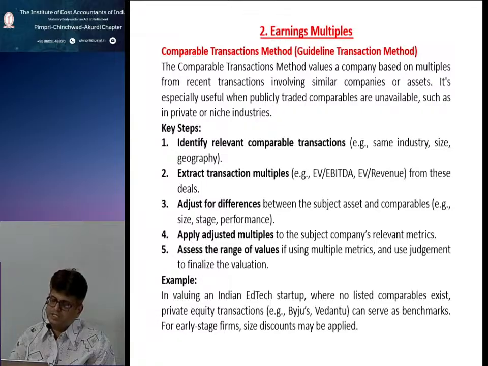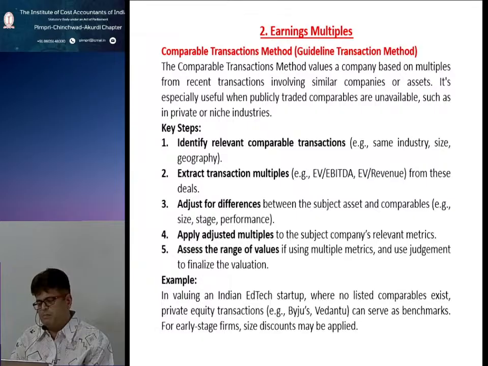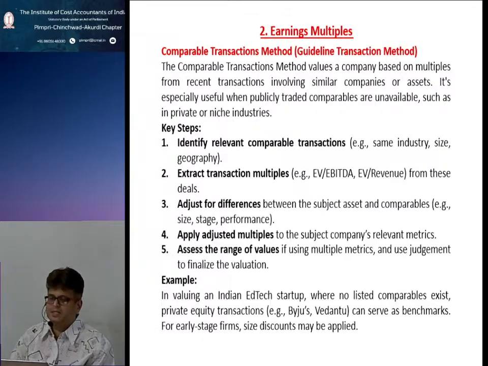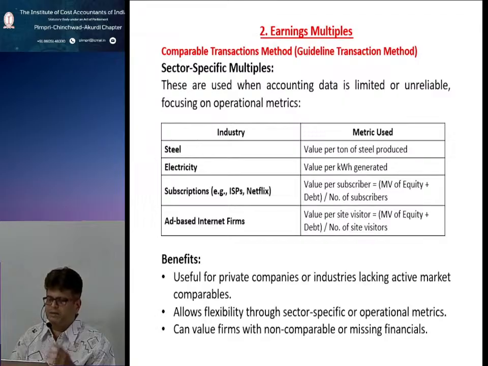For early stage firms, size discounts may be applied. So this is how the comparable transaction method is calculated, also called guideline transaction. Why guideline? Because the previous transaction becomes the guideline for that particular valuation which is being done by the registered valuer.